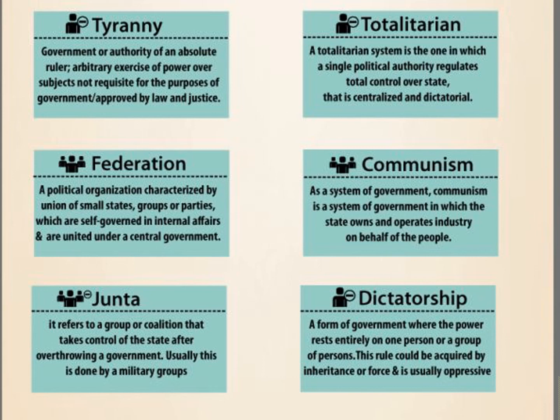A junta, bottom left there, is a group that takes control after overthrowing the government. A lot of times you'll hear this referred to as a military junta. An example of that is Burma or Myanmar after the overthrow of the government in 1989, 1990. After the 1990 elections that took place there, the military junta did not turn over control to the democratically elected leaders.